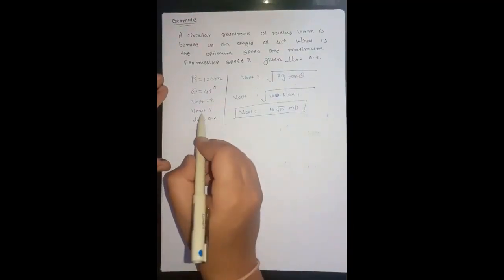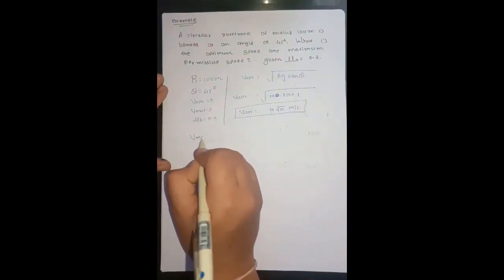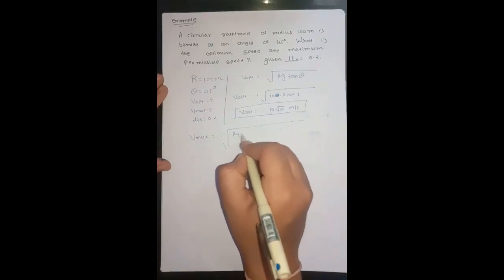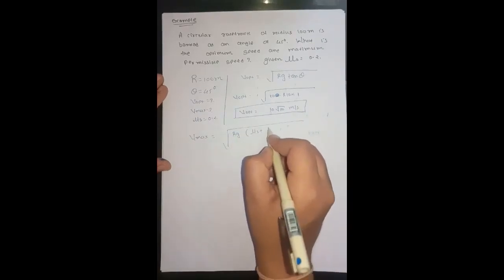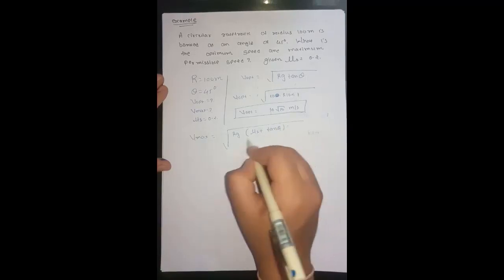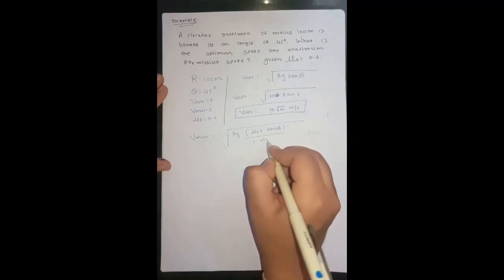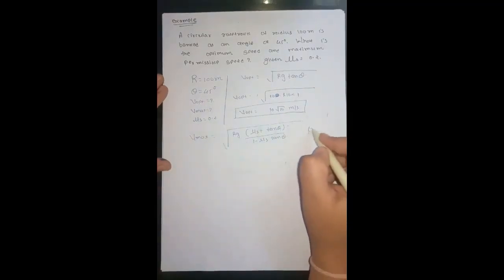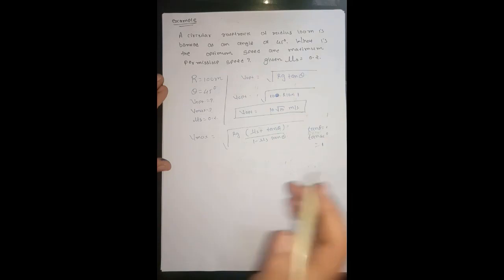Now we want to find the maximum speed. The v max is given by under root Rg into (mu s plus tan theta) divided by (1 minus mu s tan theta). Here theta is 45, so tan 45 degree will be equal to 1.